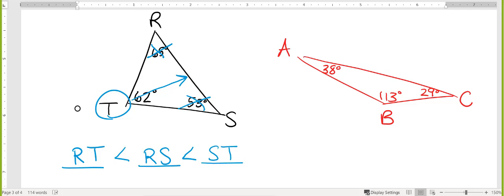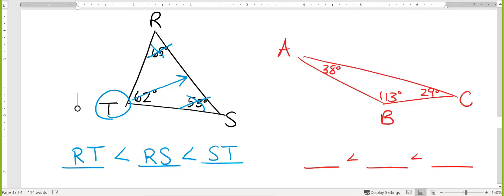Now let's go do the red triangle. I have the smallest side, the middle side, and the biggest side. You go practice. All right, so we want to find the smallest angle first. We have a 38-degree angle, 113-degree angle, and a 29-degree angle.